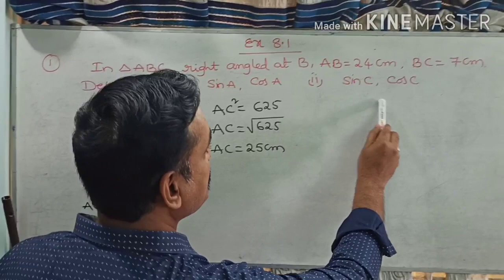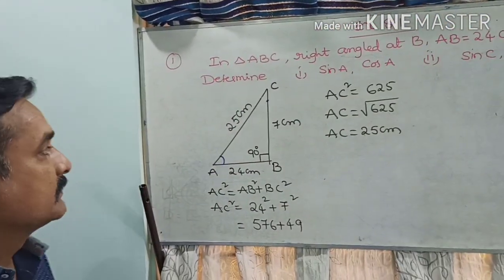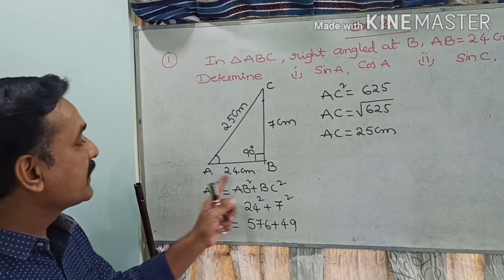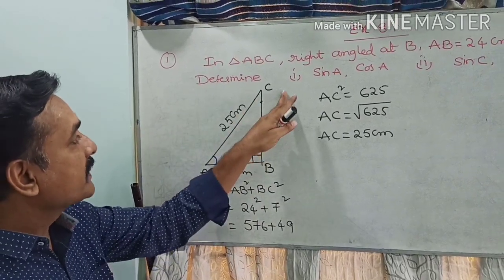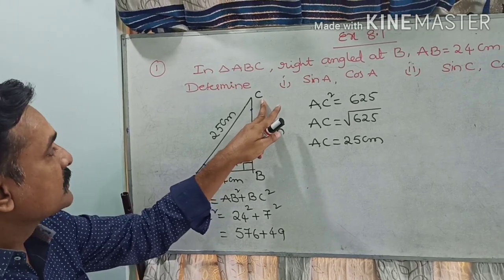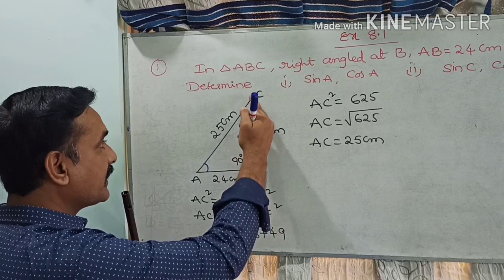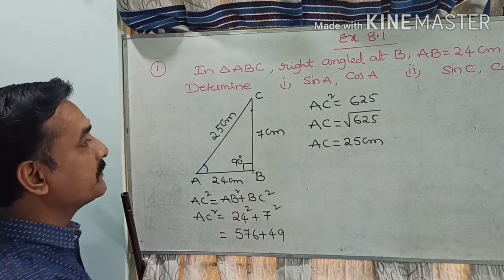In the second part, they ask you to find the value of sin C and cos C. If you observe the right angle triangle, angle C is at this vertex. For this, the opposite side is AB and the adjacent side is BC.